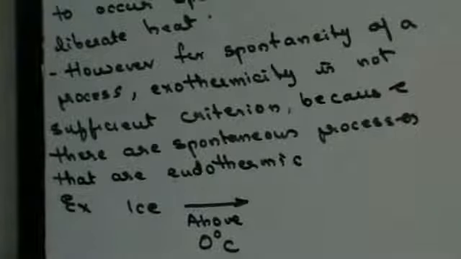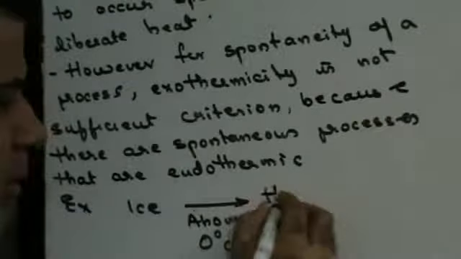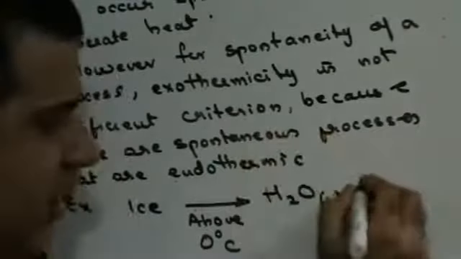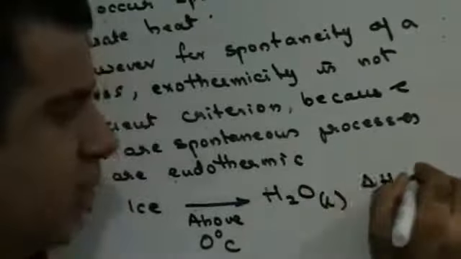That means this is definitely an endothermic reaction, and if the reaction is occurring above 0 degrees centigrade, the reaction will occur very fast. It is going to be a spontaneous reaction, and it is also going to be an endothermic reaction. You will get water, and the amount of heat energy absorbed here is plus 6 kilojoules per mole.